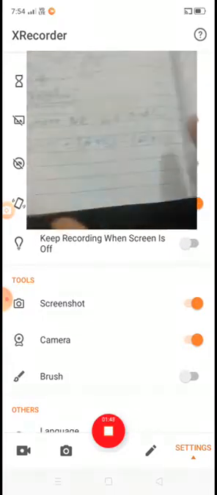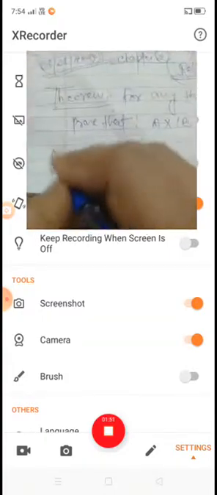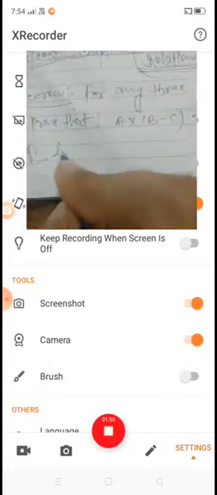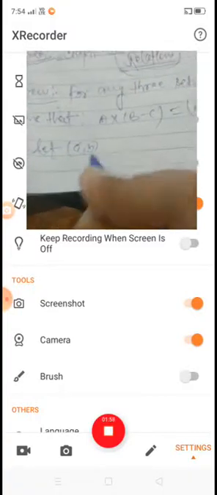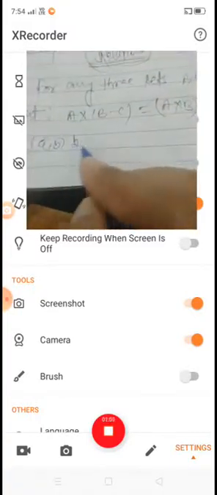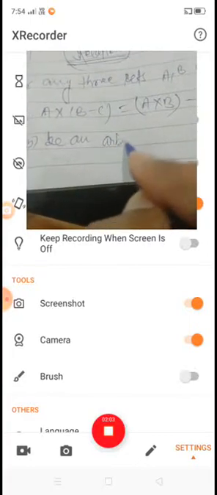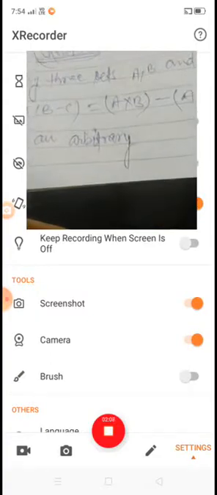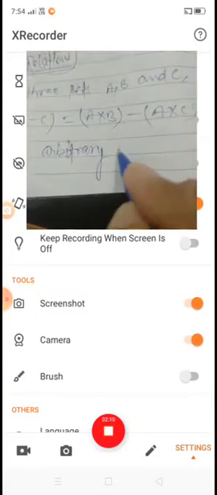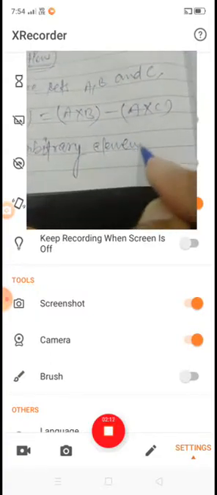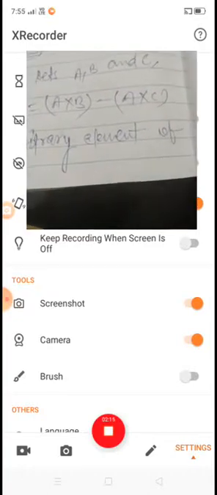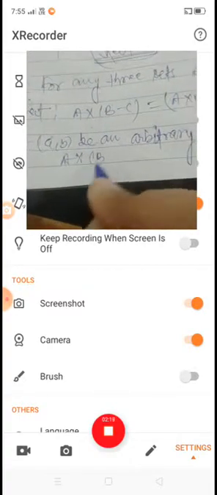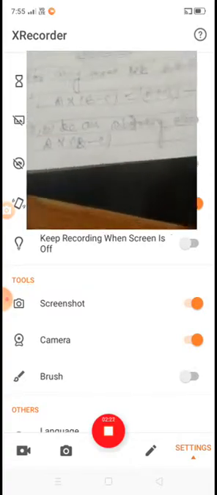Now, its proof. First of all, let us consider an ordered pair (a, b) to be an arbitrary element of A cross (B minus C).